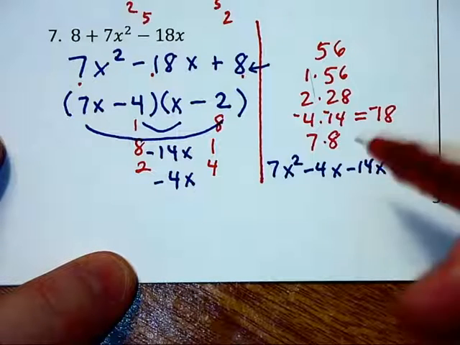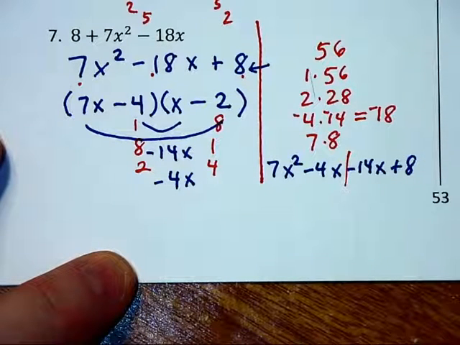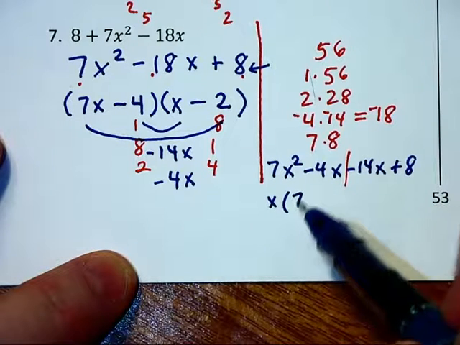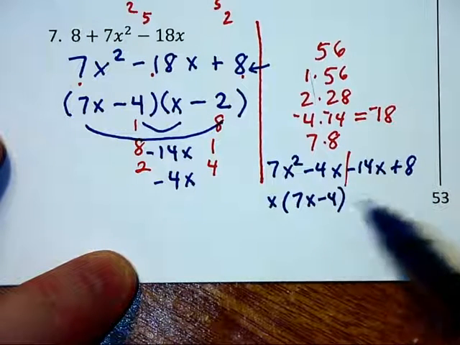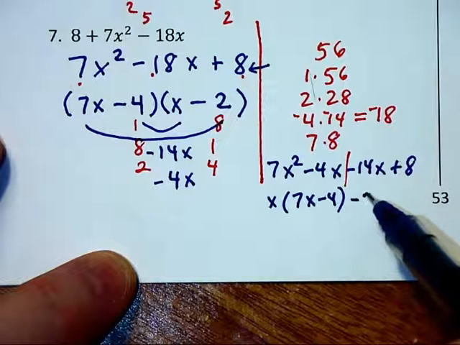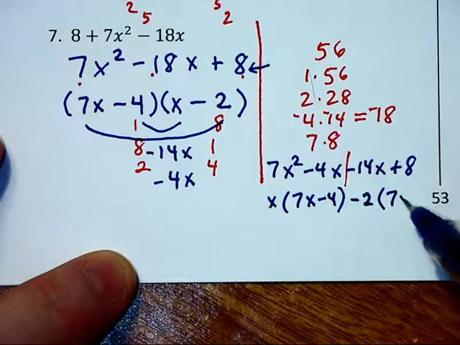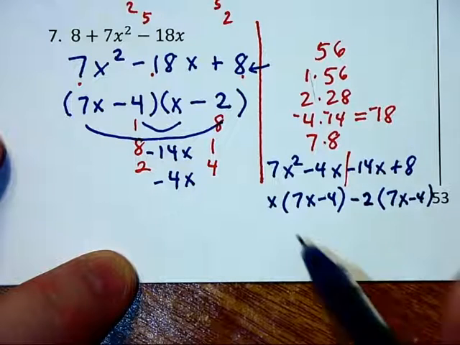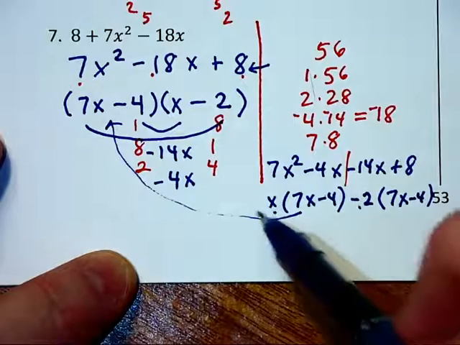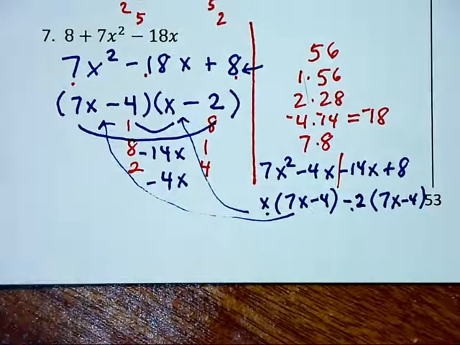Then you apply the grouping method to what you have, and you can see that an x comes out, leaving you with 7x minus 4, and we can divide out a minus 2 from what's left, leaving you with 7x minus 4. And then that 7x minus 4 factors out, and you're left with x minus 2, and you get to that answer.